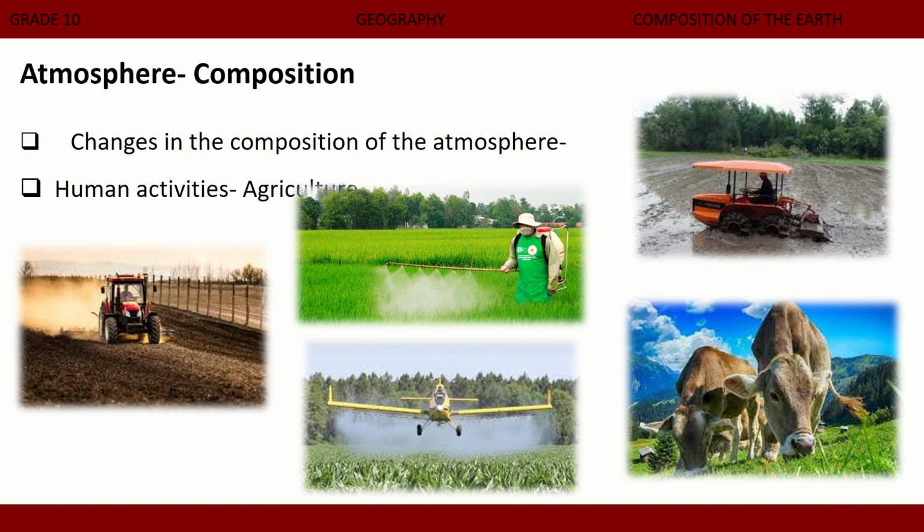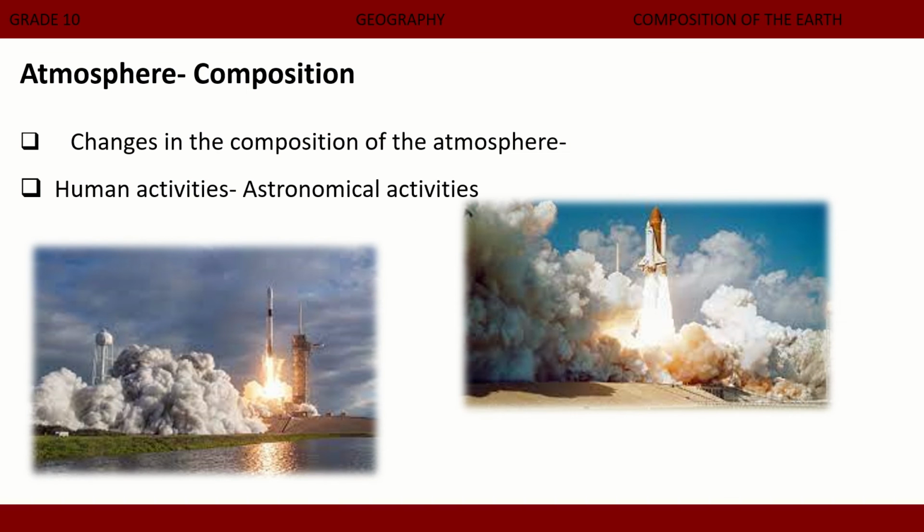Agriculture. In many aspects of agriculture, we have to use different chemicals and pesticides, and because of these activities, the composition may be changed. Astronomical activities like sending rockets.